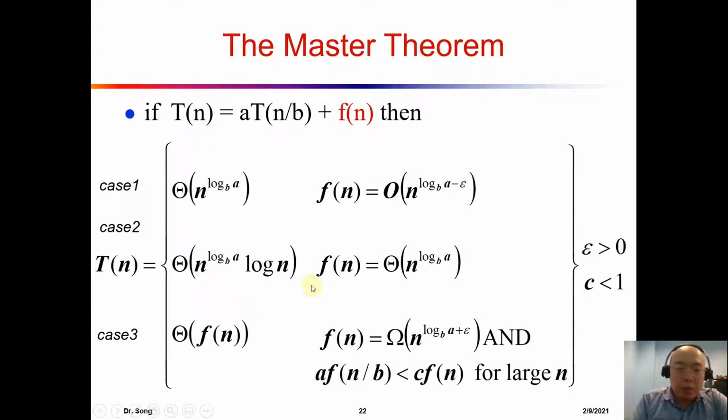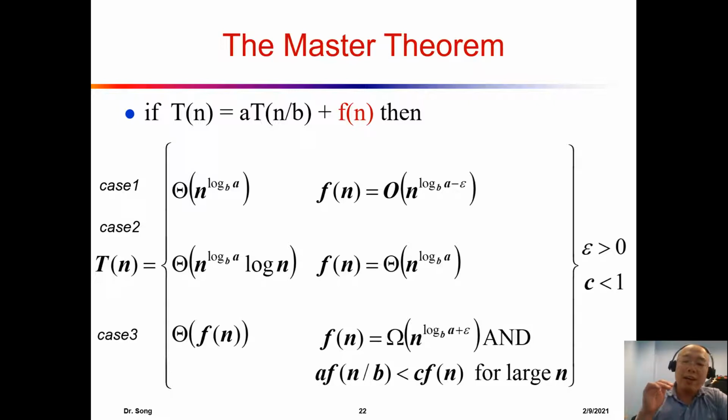And number 2, if you can prove that f(n) is exactly Θ(n^(log_b a)), then this will be case 2. And case 3 is a little bit more complicated. There are two parts to case 3. Number 1, you have to prove that f(n) is Ω(n^(log_b a + ε)) for a small positive epsilon.